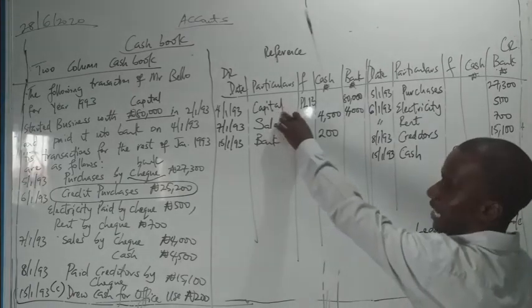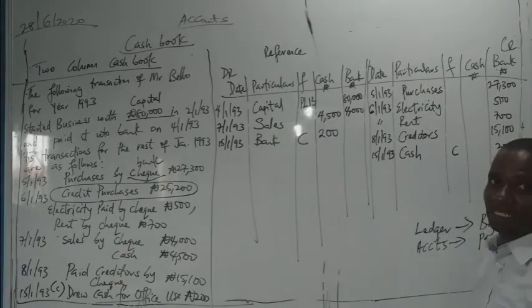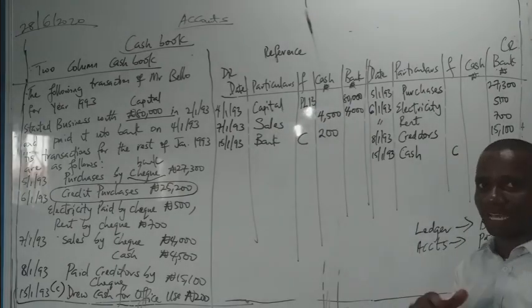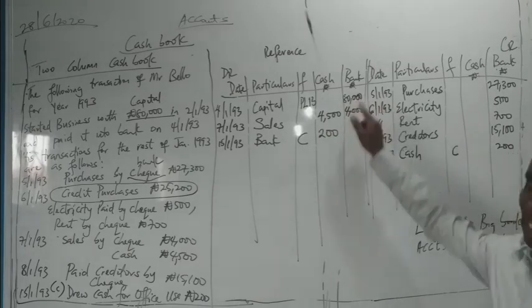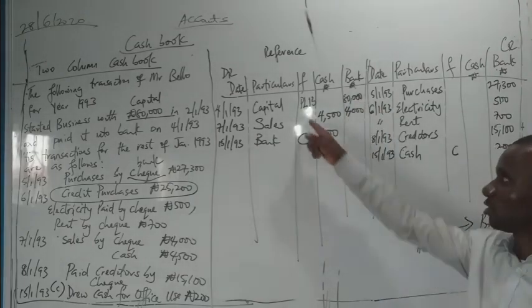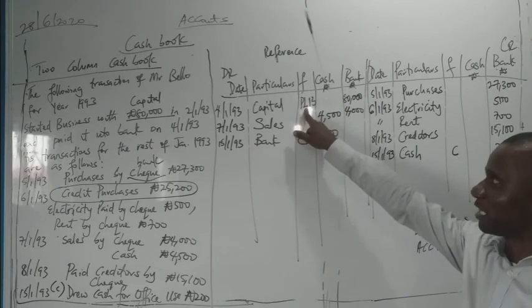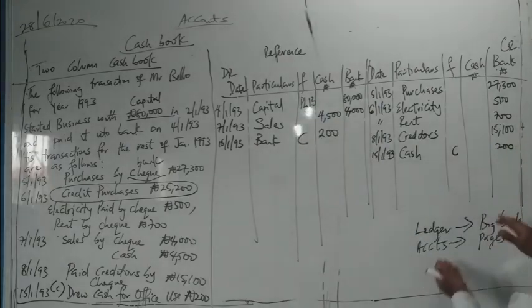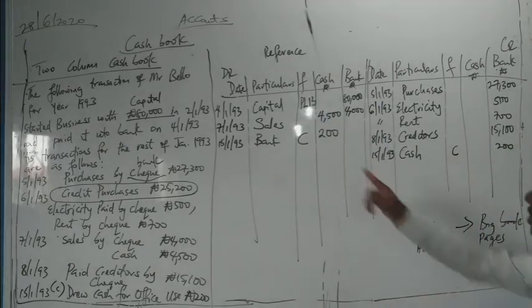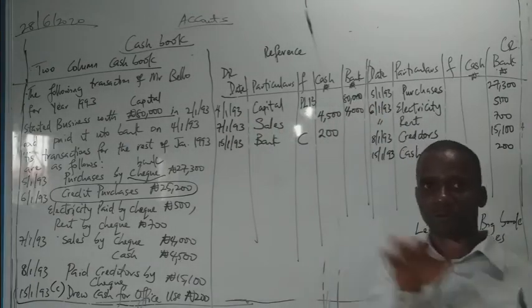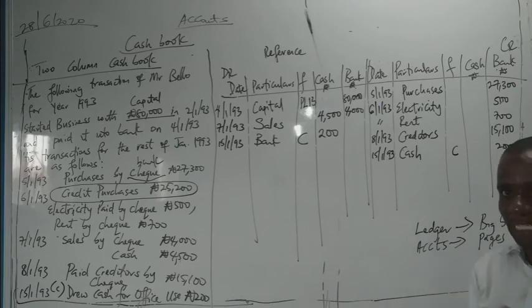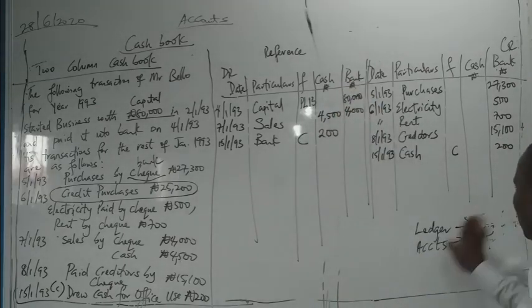A capital account. So it's a reference to make your work easier. When you want to know where the corresponding entry of this posting is, it's in the private ledger, page 13. You quickly go to your private ledger, open page 13, see the capital account, and you will see this record there. So for easy referencing sake, that is why they brought out what is called folio.